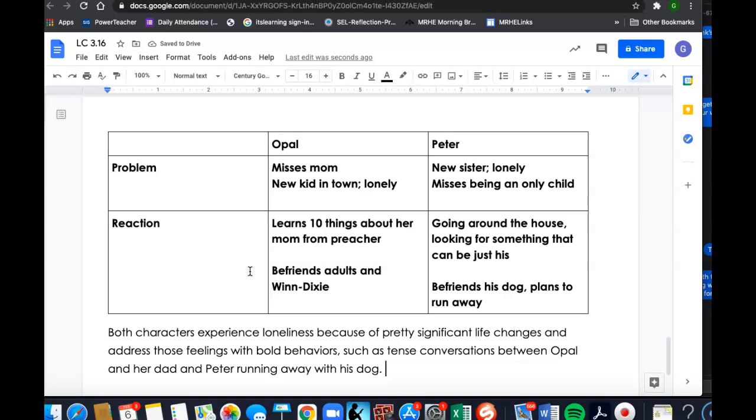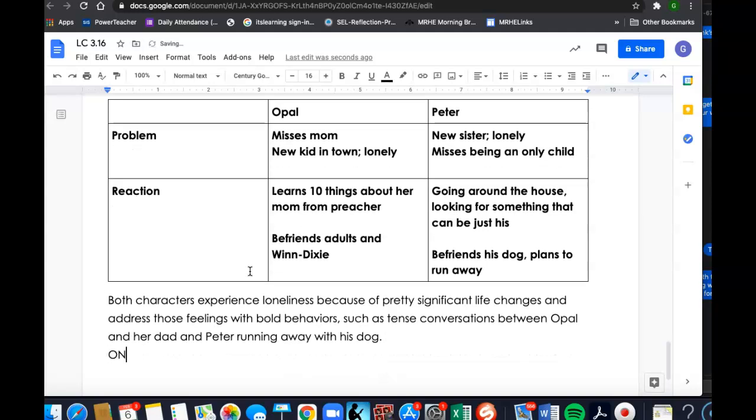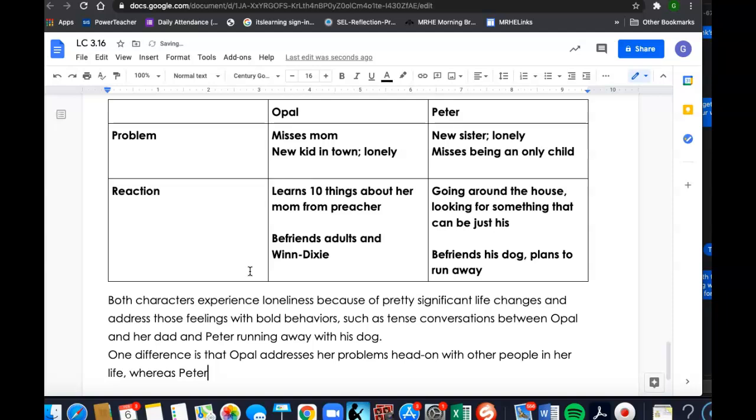Sometimes you can find just similarities in characters. Sometimes you can find just differences, and sometimes you can find both, right? One difference is that Opal addresses her problems head on with other people in her life, whereas Peter runs away without talking to his parents.